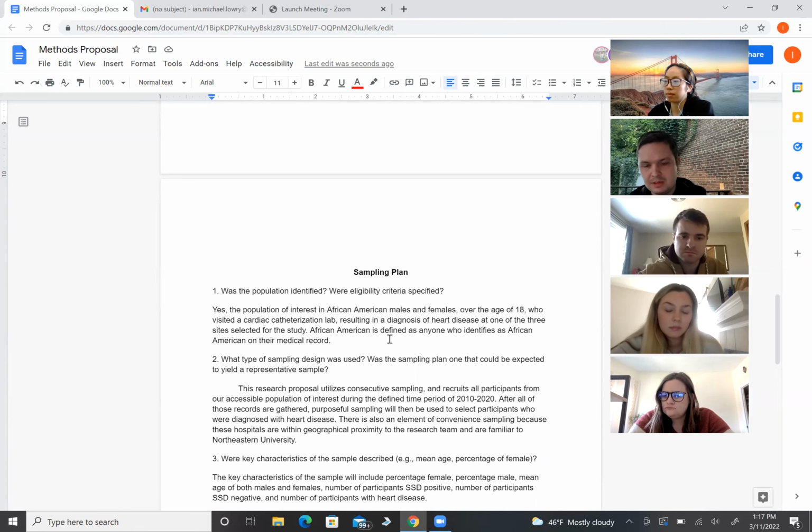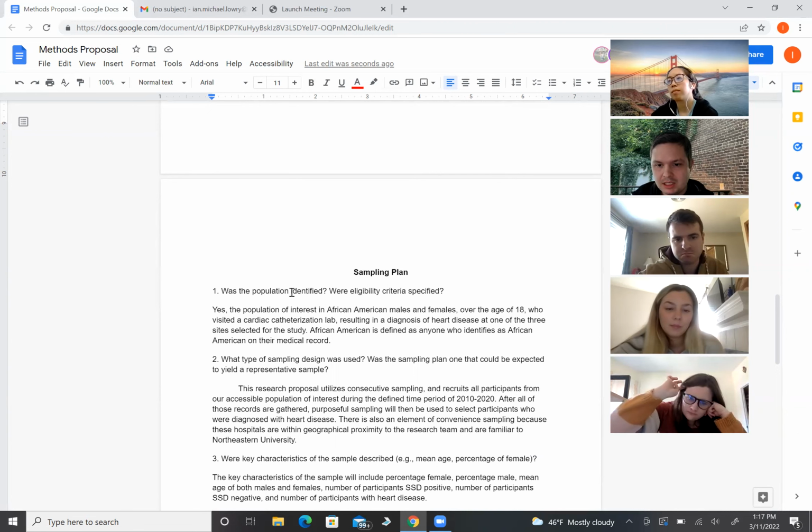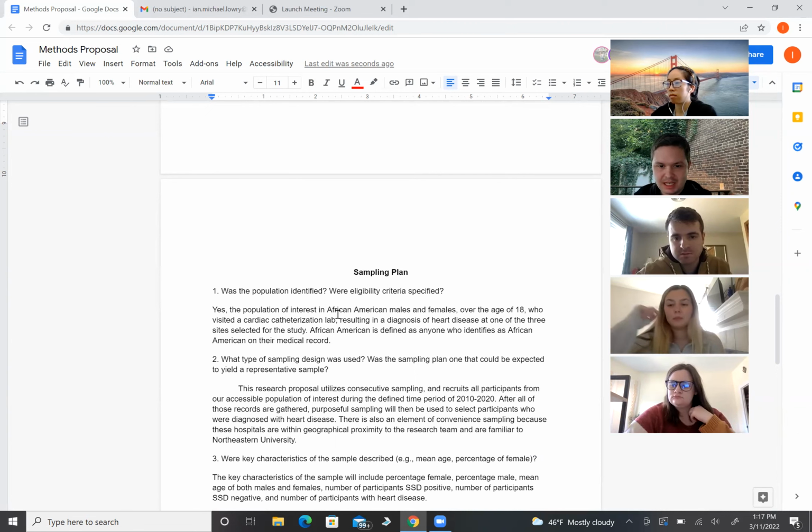I already talked about this, but African American is defined as anyone who identifies as African American on their medical record. Did I miss anything with the population or the eligibility criteria? Nope, it's all good. I think that's good. Okay. And I didn't list the 3 hospitals out again here. We already discussed those and we're familiar with them.